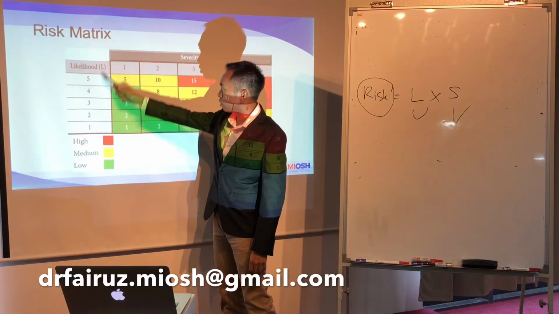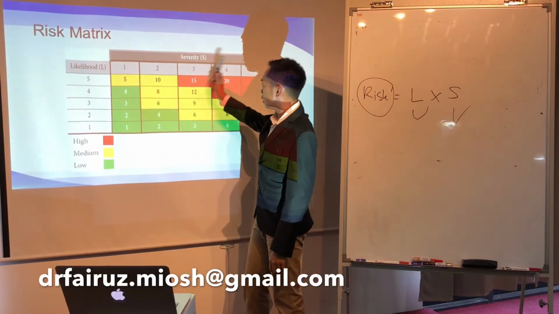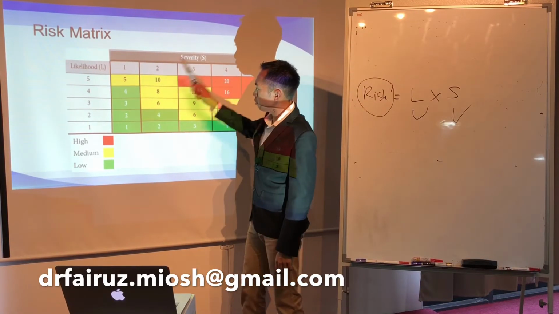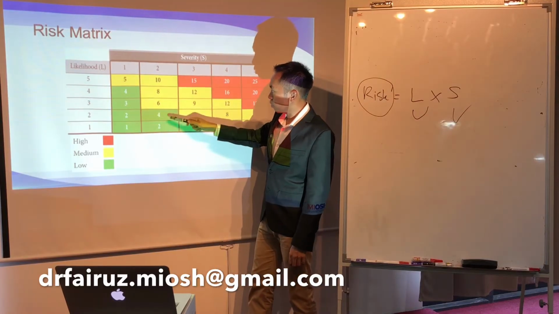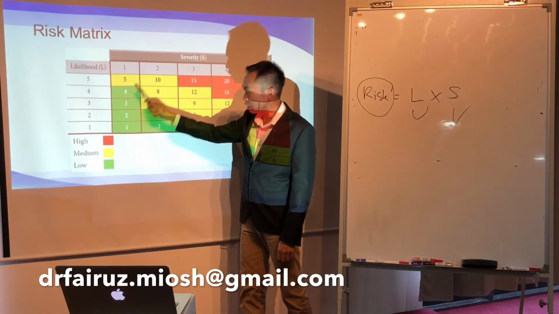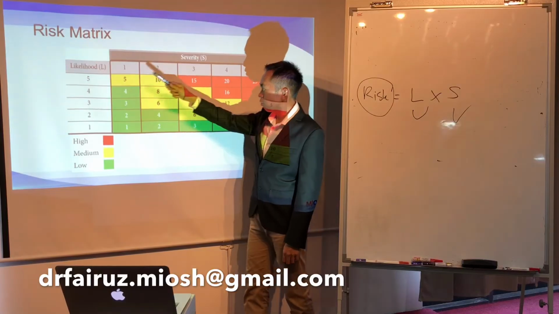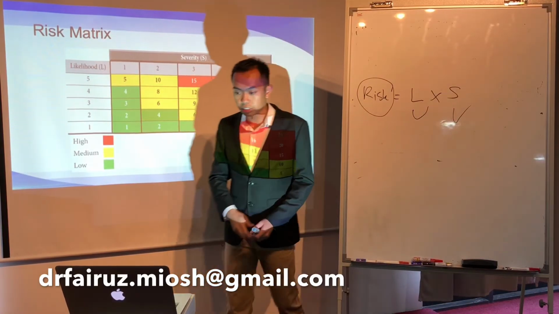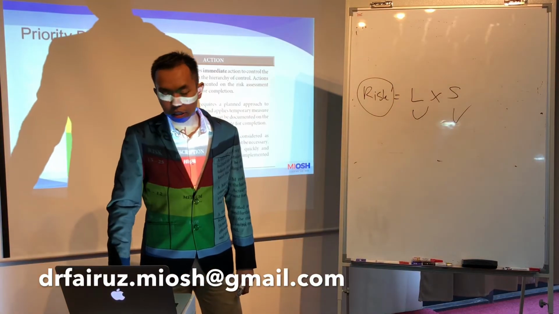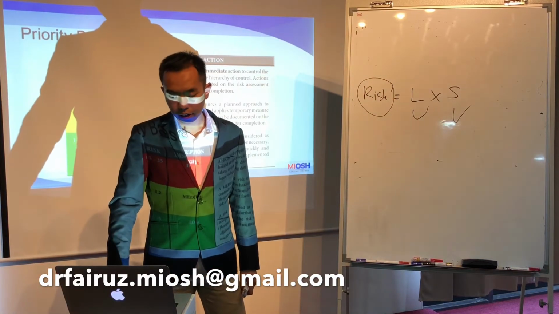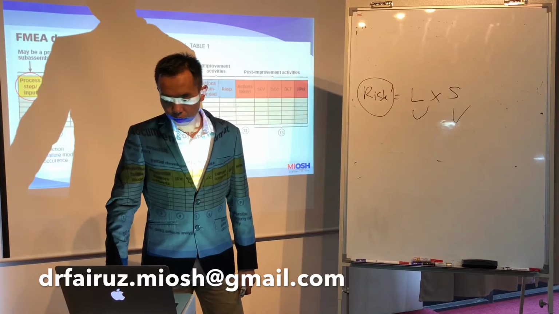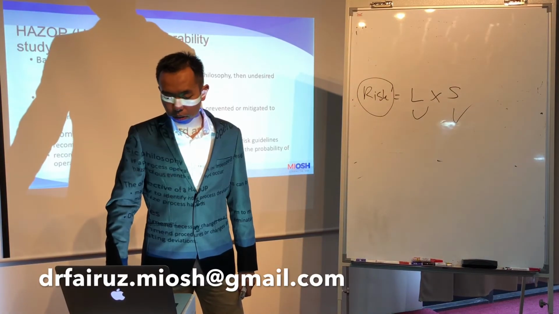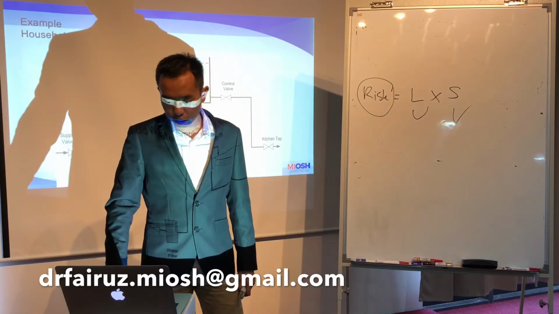We grade likelihood 1 to 5, the Likert scale, severity also 1 to 5, and then we see if it falls under the green, it is low risk, if under the yellow it is medium, and red is high risk. This is the priority suggested by the HIRARC guideline. Lastly, I will show you an example of the HIRARC assessment.